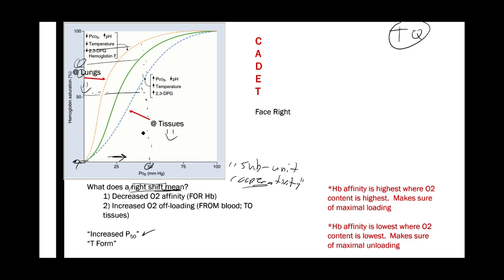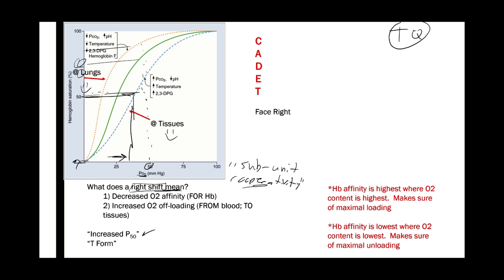Increased P50 means it takes less... wait a second, I gotta figure this out, sorry. Okay, you look at it from the y-axis down to the x-axis. So to get to 50% hemoglobin saturation, it takes more PO2. I think that's what a right shift means. Yeah, that's it. Sorry, I had to figure that out.